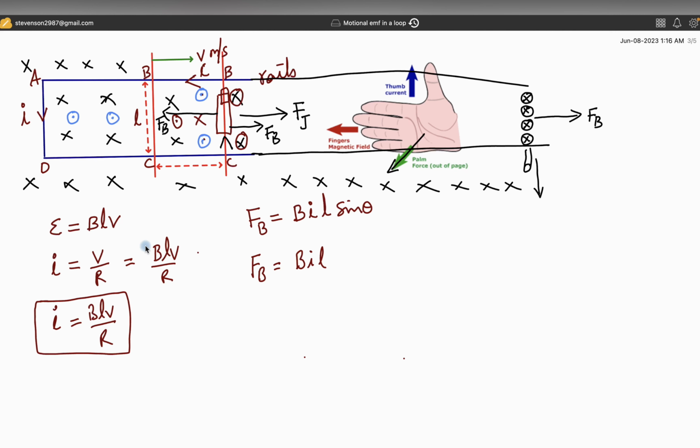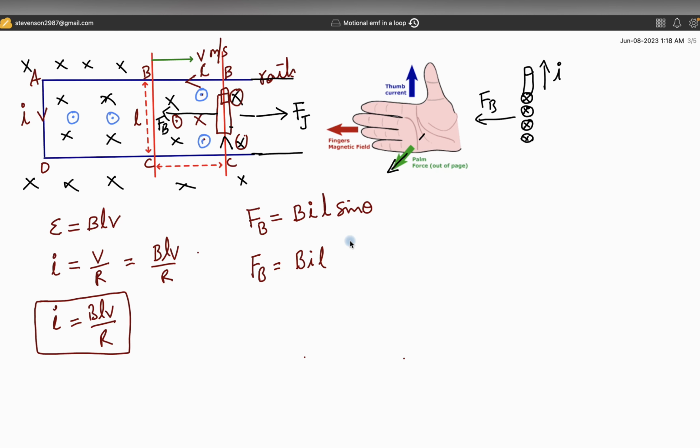Moving on, we can see that there are these two forces, the external agent's force and the magnetic force, which are acting in opposite directions, right? All right. So as we now understood, the induced current should be in the anti-clockwise direction in this situation.